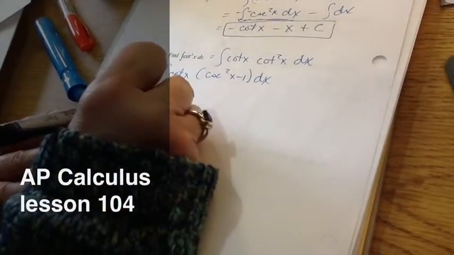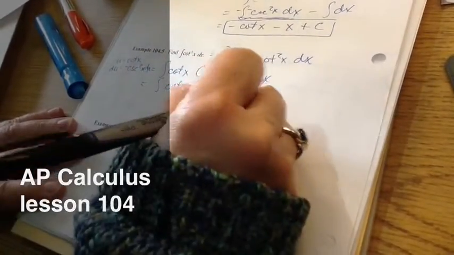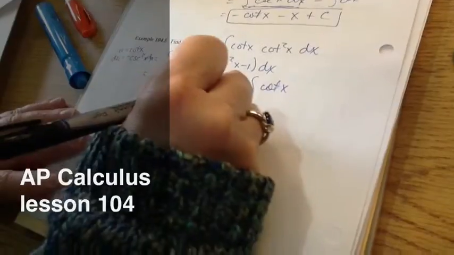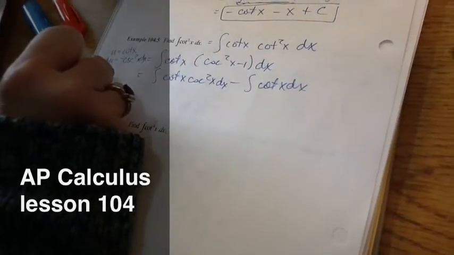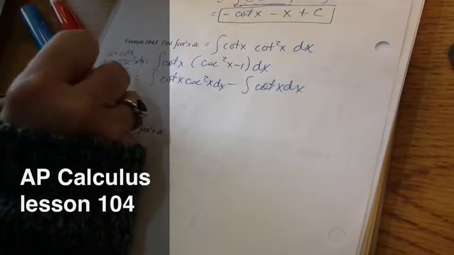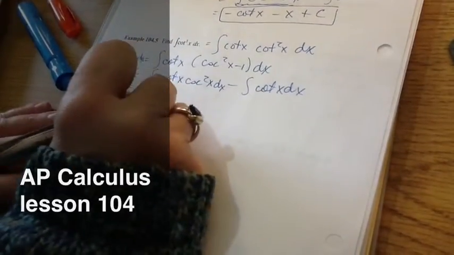So I multiply this out. This one's got a negative, but this one doesn't. So I'm just going to put negative du, and I'm going to substitute u du negative.